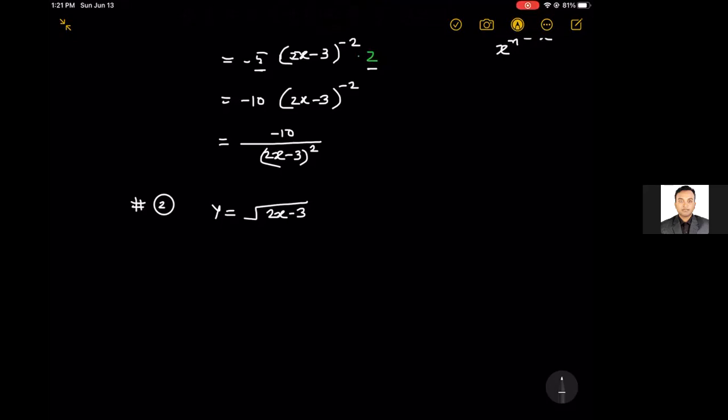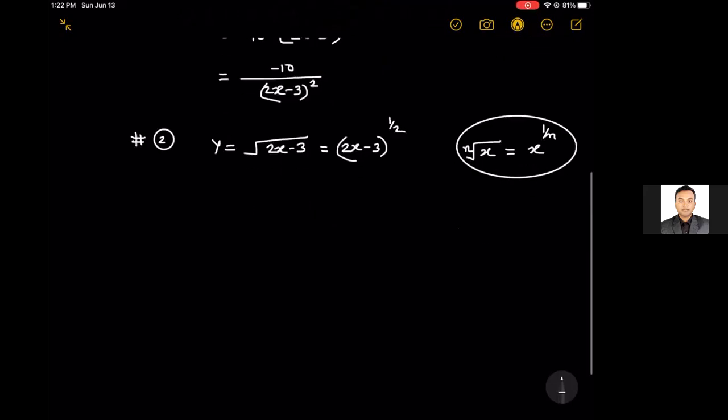So obviously, you can rewrite it as 2x minus 3, the quantity to the power half, right? Because that square root is nothing but the exponent half, right? For example, if you have the nth root, you can actually rewrite it as x to the 1 over n. So that's the principle I have used here.